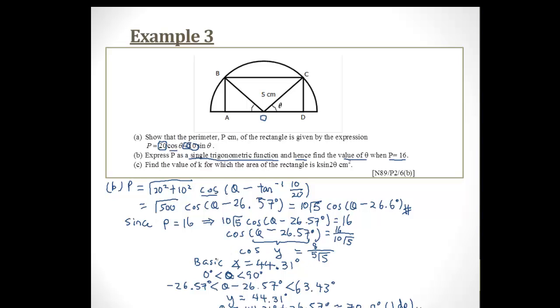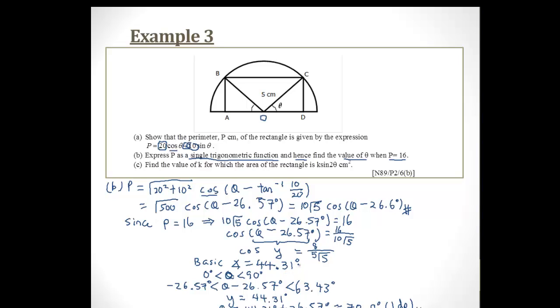First step, find basic angle. Second step, find quadrant. So the basic angle will be equal to cosine inverse of 8 over 5 root 5, giving me a value of 44.31 degrees. Notice the working is 2 decimal places.